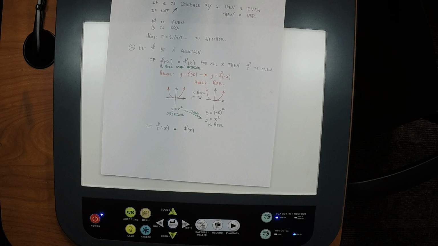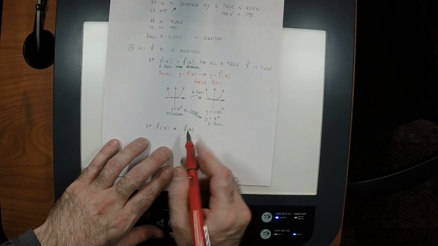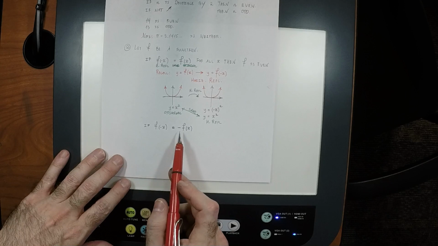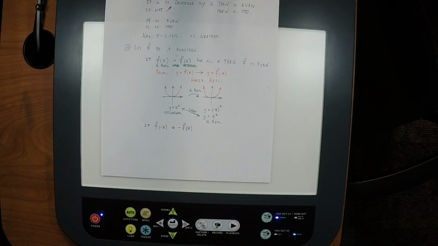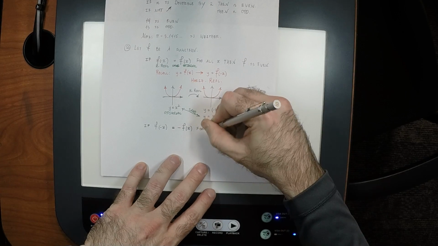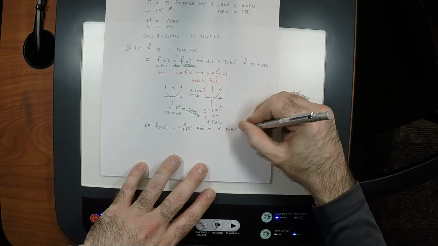So there's no sense in writing the same thing twice. So I need to make some difference here. So now instead of the right-hand side being that, now the right-hand side is going to be this. So that negative is what is new for all x. Then f is odd.